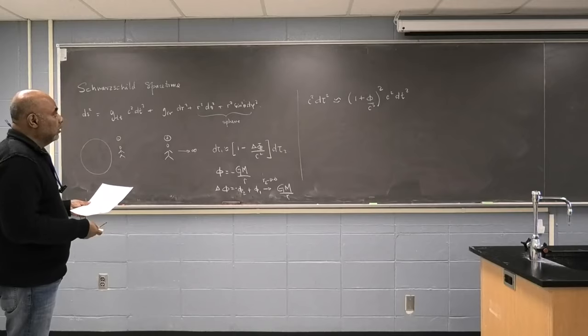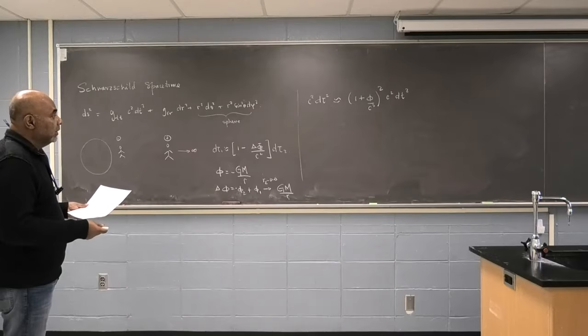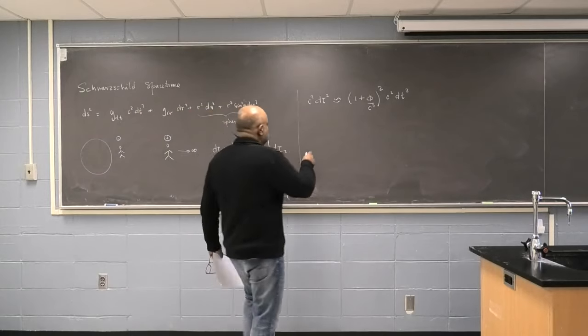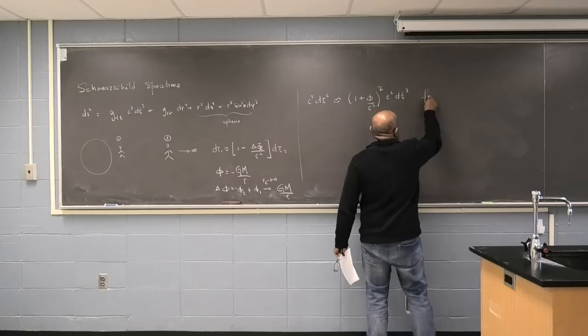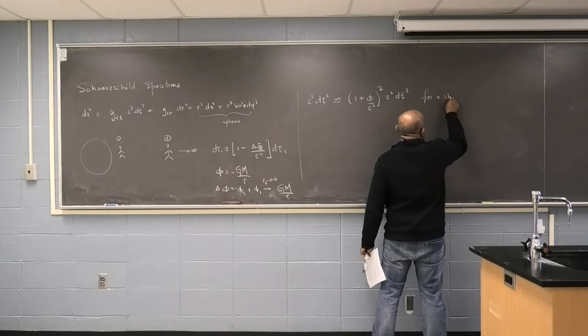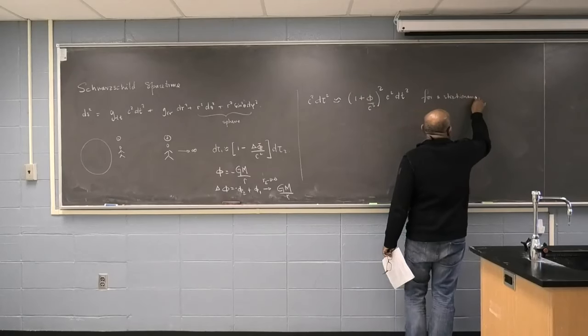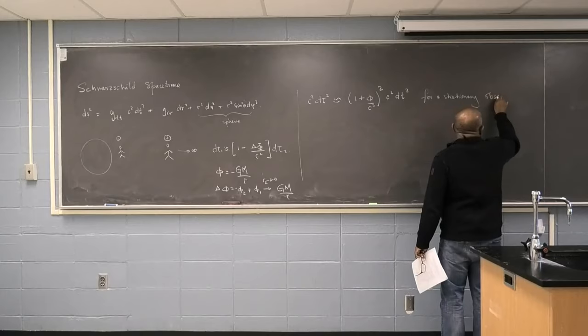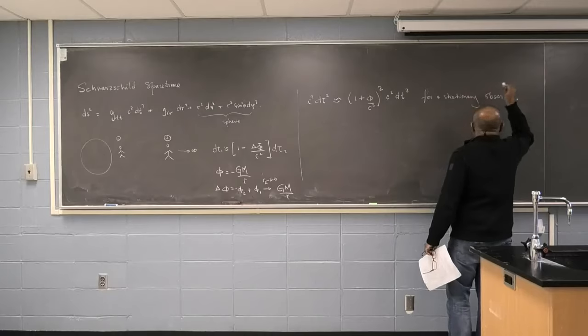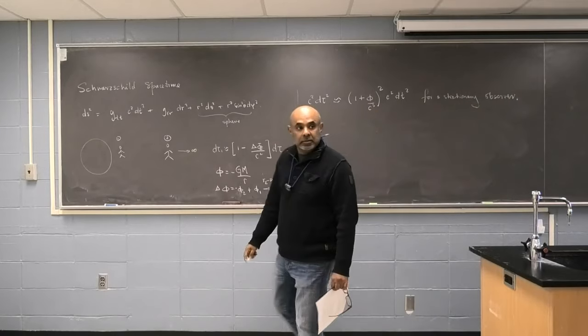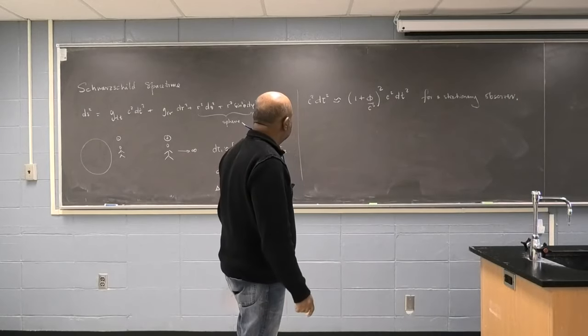You might wonder why I just put dt squared. Is that one also minus? I'm sorry?